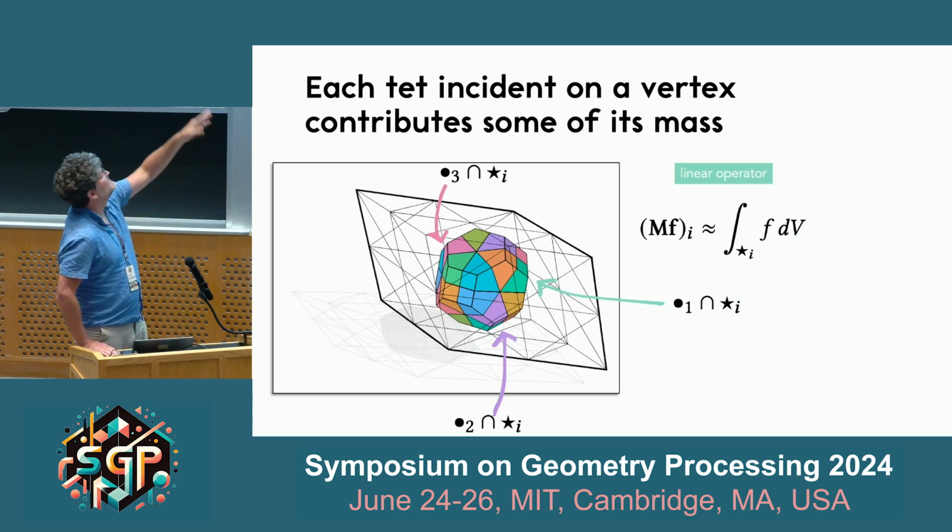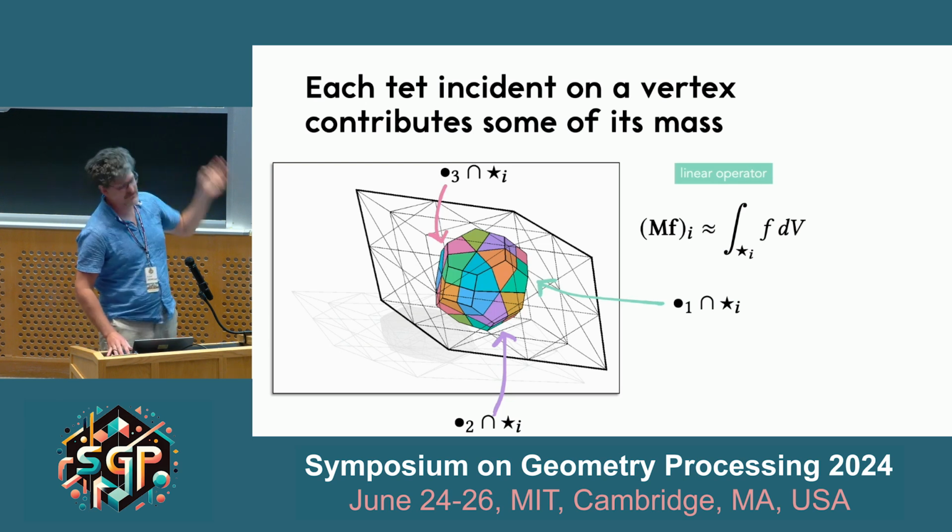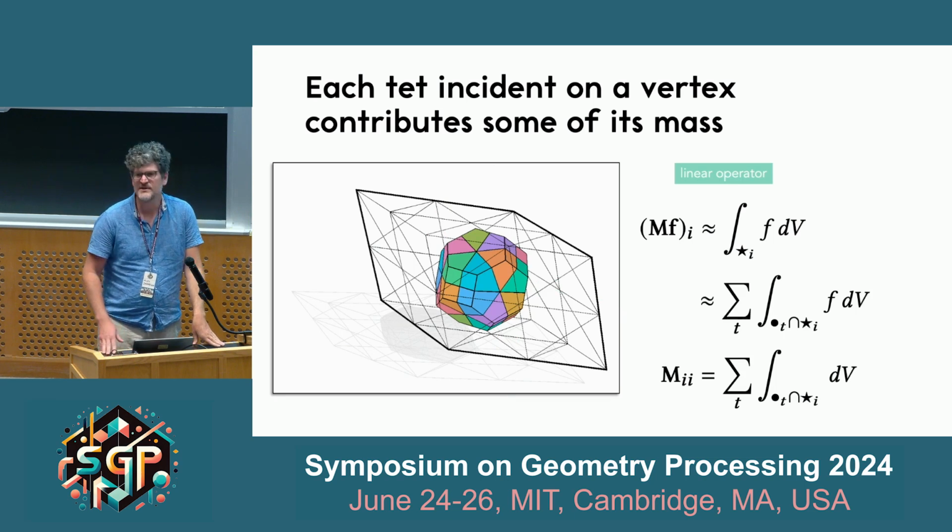So tetrahedron number 1 contributes part of its volume to star i, meaning the dual volume at i, and so does tetrahedron 2 and tetrahedron 3. So then we can say the entry in this mass matrix, which is diagonal, at the ith value, is simply a sum of the contributions made by each of the tetrahedra incident on that vertex.